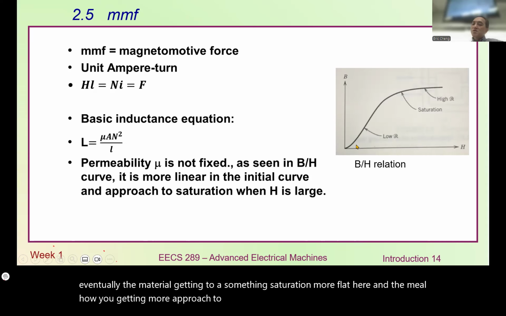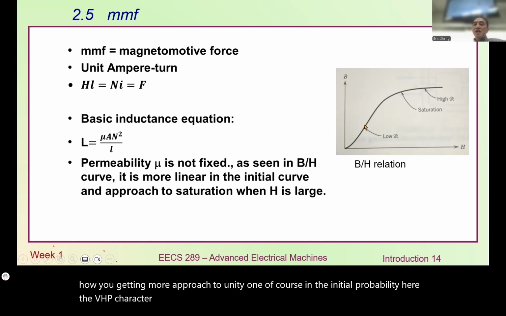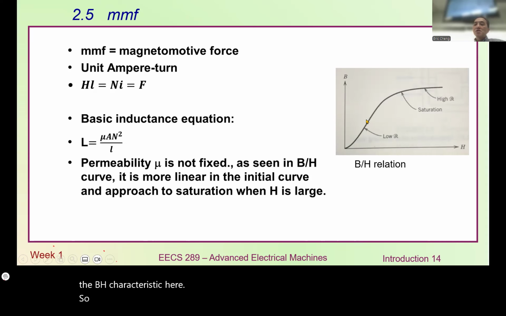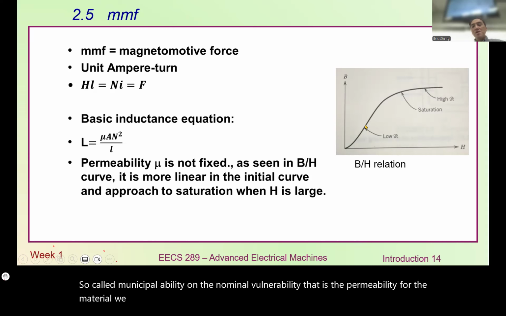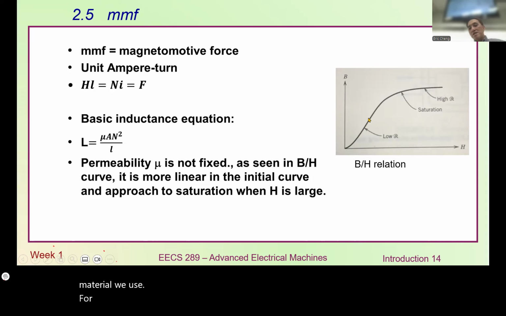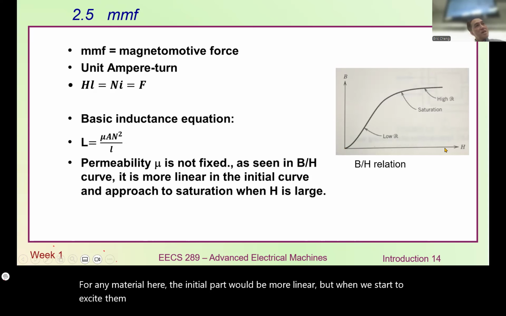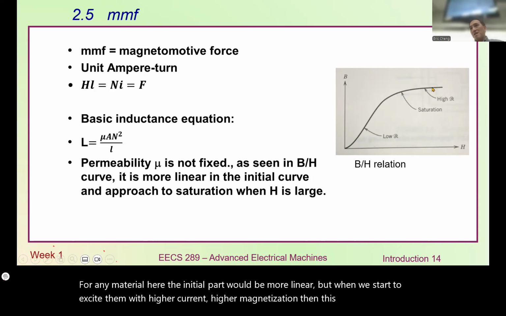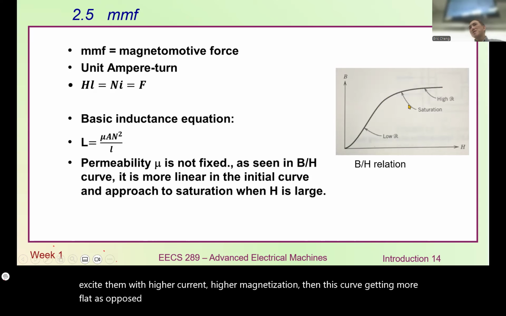Of course, the initial part of the BH characteristic is the so-called initial permeability, or the nominal permeability, which is the permeability for the material we use. For any material, the initial part will be more linear. But when we start to excite it with higher current, higher magnetization, then this curve will get flatter, approaching unity. I think you learned all this in physics.